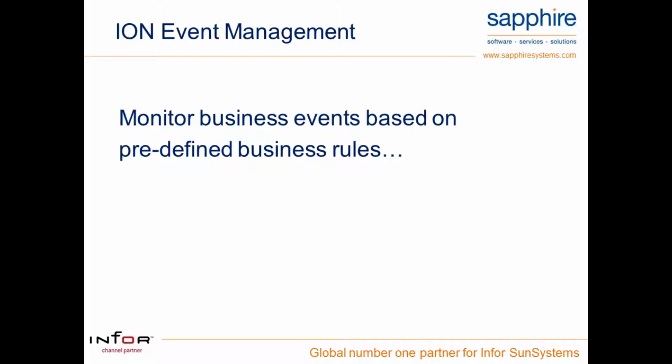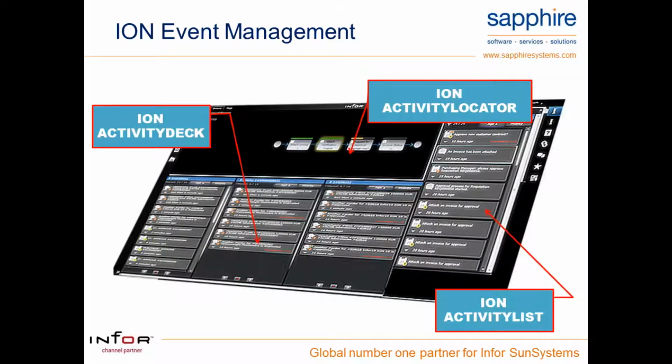So that means that, for example, if we've got a new supplier code being set up as we had in that previous ION element, it may be the case that you want a particular department to know about that new account code being set up. So these new account codes can be pushed to the relevant department to help to keep an eye out on what's happening within your business.